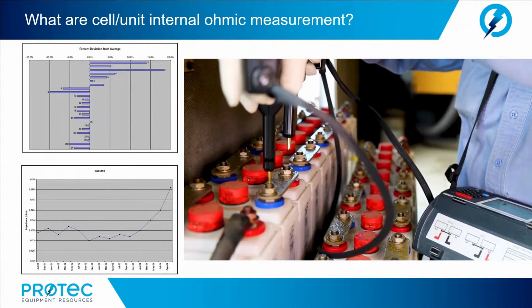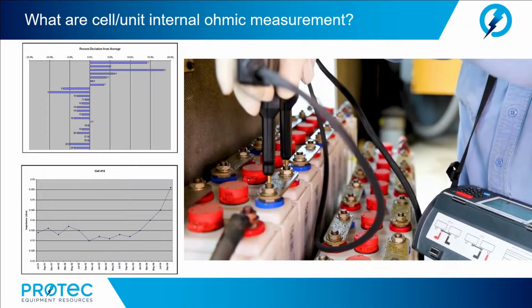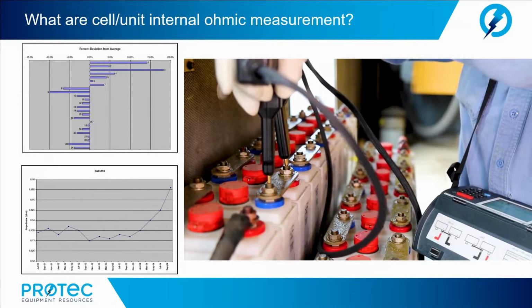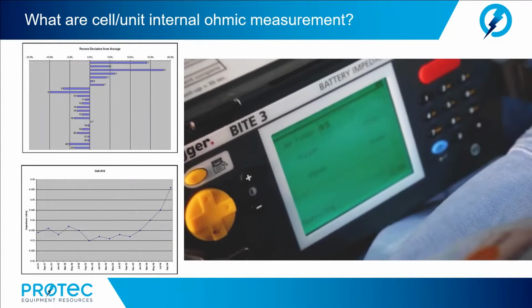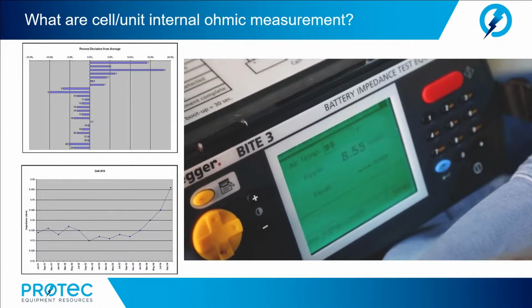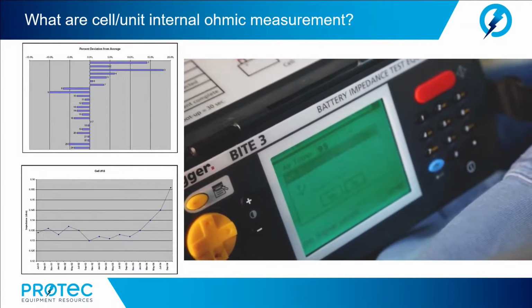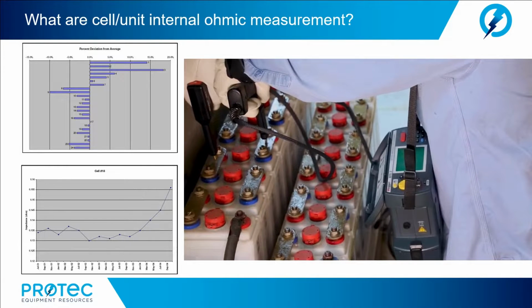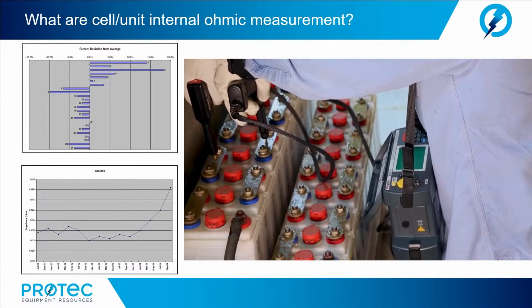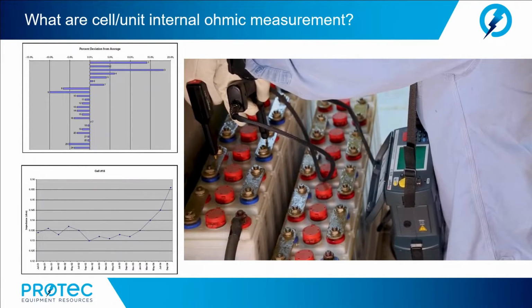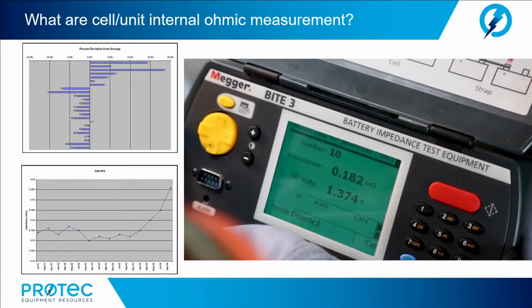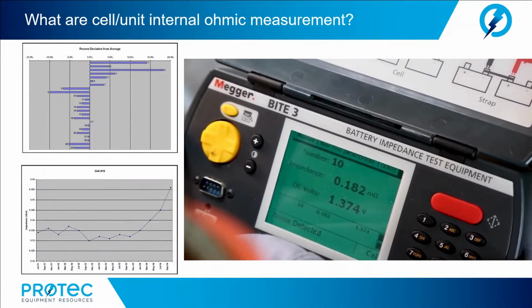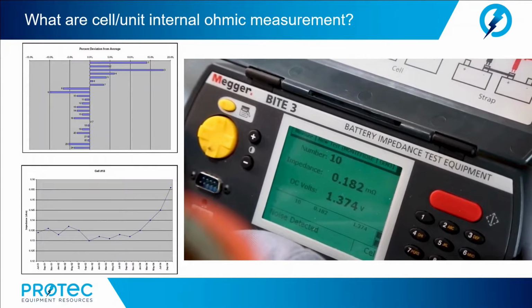Now, prior to the EPRI studies, some large and small companies which owned and maintained station DC supplies developed maintenance programs where trending of ohmic measurements of the cells or units of the station battery became the maintenance activity for determining if the station battery could perform as manufactured.